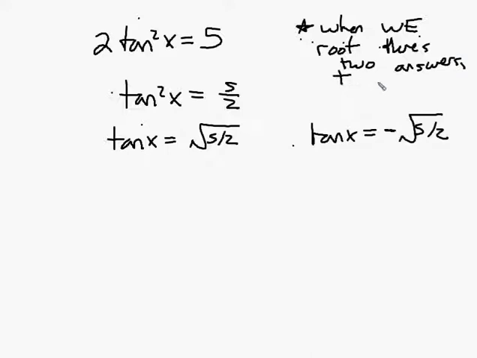A positive one and a negative one. So we need to do both of them. So we're going to inverse tan the square root of 5 divided by 2. And that'll give us one of our situations. So I'm going to, again, round this. My calculator spits out about 58 degrees.